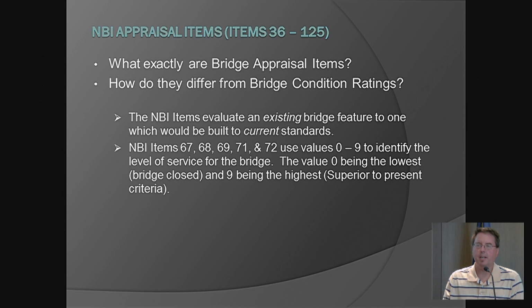So again, our NBI appraisal items are items that go into determining your sufficiency rating. We're going to look at items 67, 68, 69, 70, and 72, used in values 0 through 9, 9 being the best.